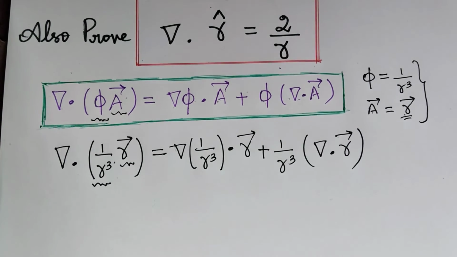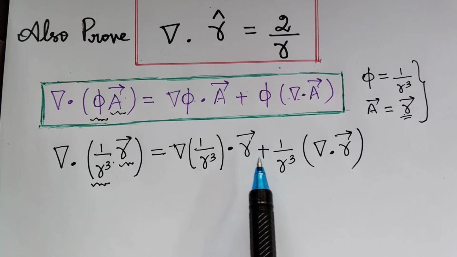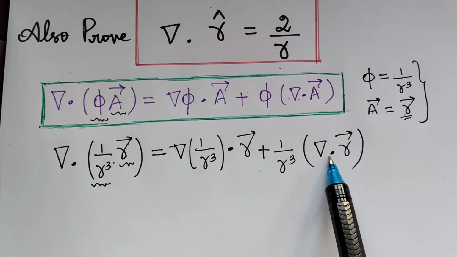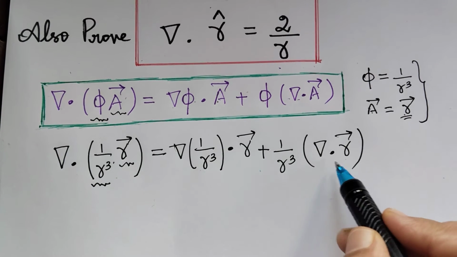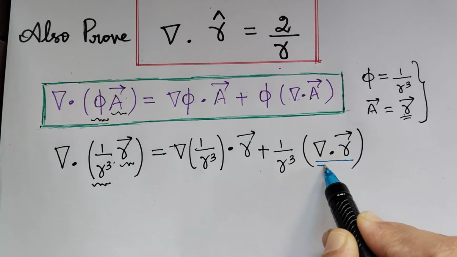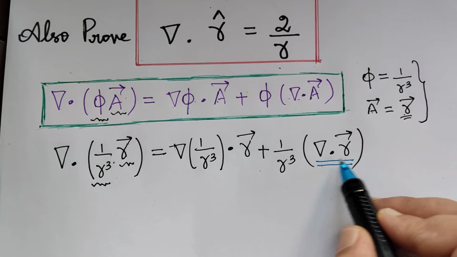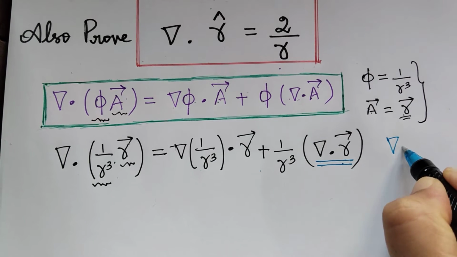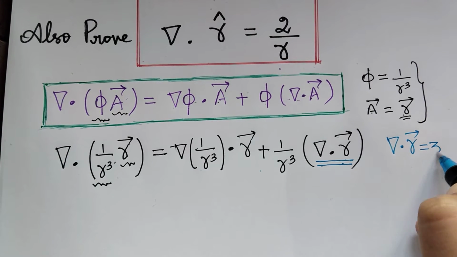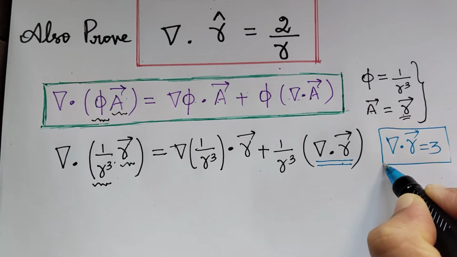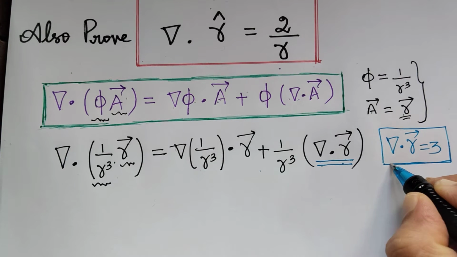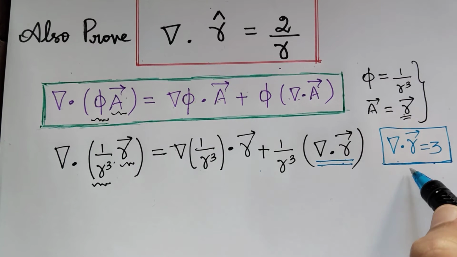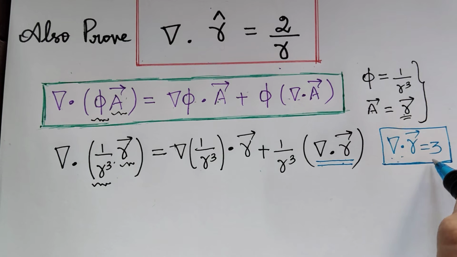So this is further equal to dot product of these two plus 1 by r cube and dot product of nabla and r vector. We know that just now we saw in result 5 that divergence of r vector is equal to 3. So nabla dot r vector is equal to 3. We will be making use of this result, which we previously derived. Kindly check the previous video lecture for this result.